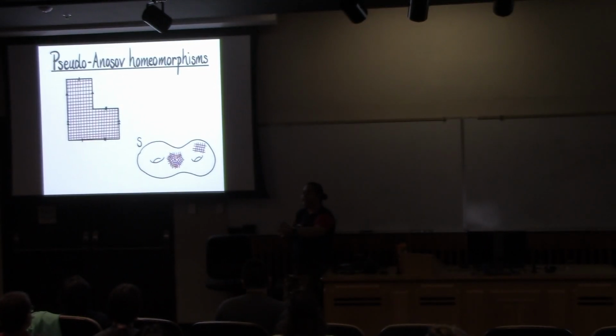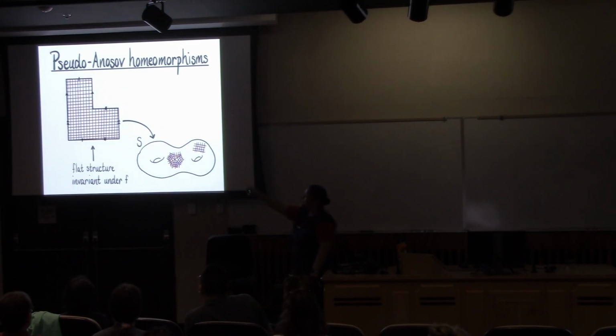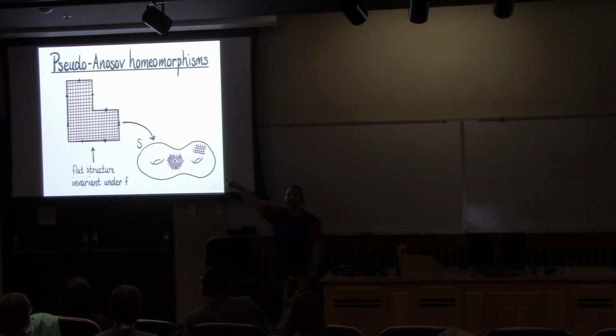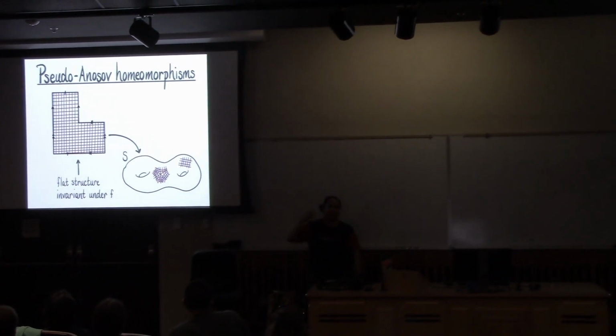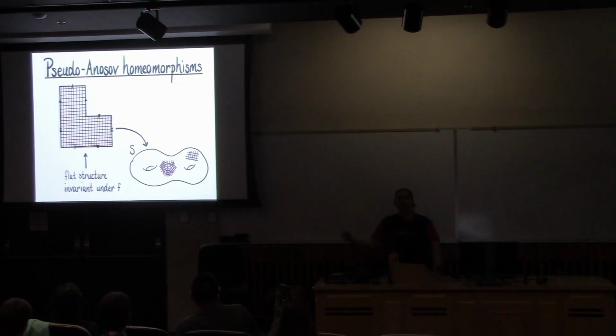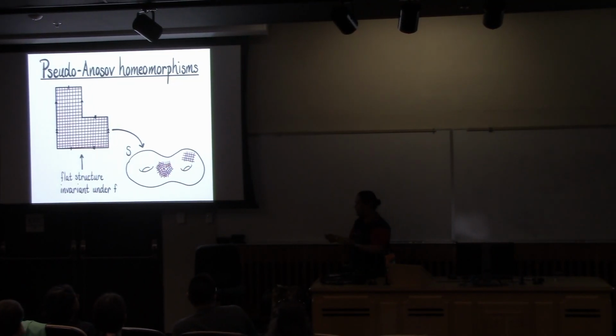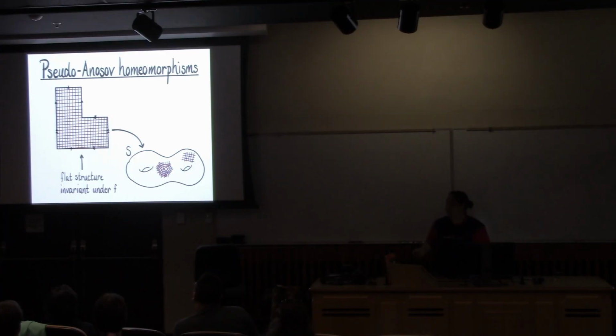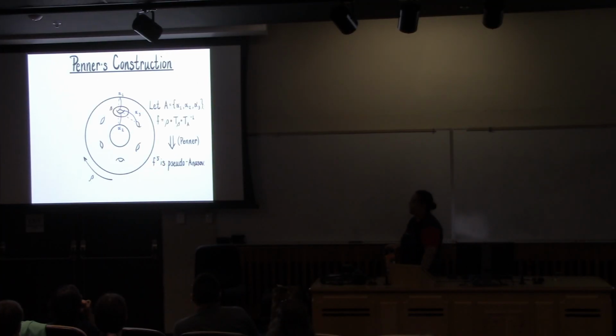Another way of describing a pseudo-Anosov, if you want to leave that foliation language behind, is that you glue up and you get this, and you can say this is a flat structure invariant under F. Every pseudo-Anosov homeomorphism has an invariant flat structure. So that's another way to think about this.